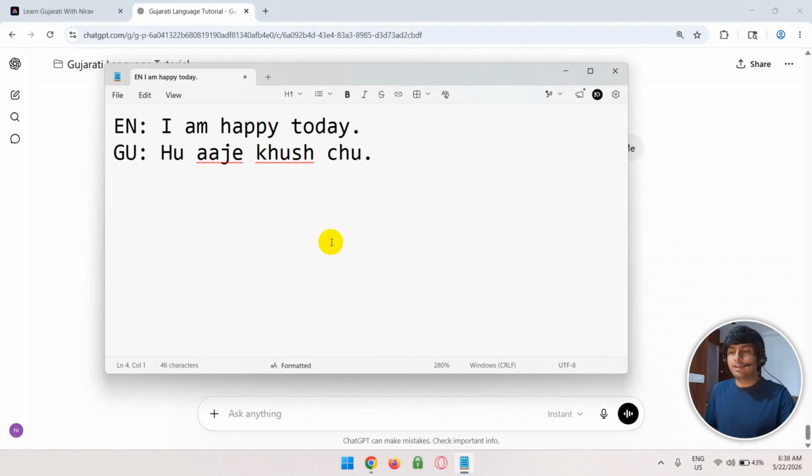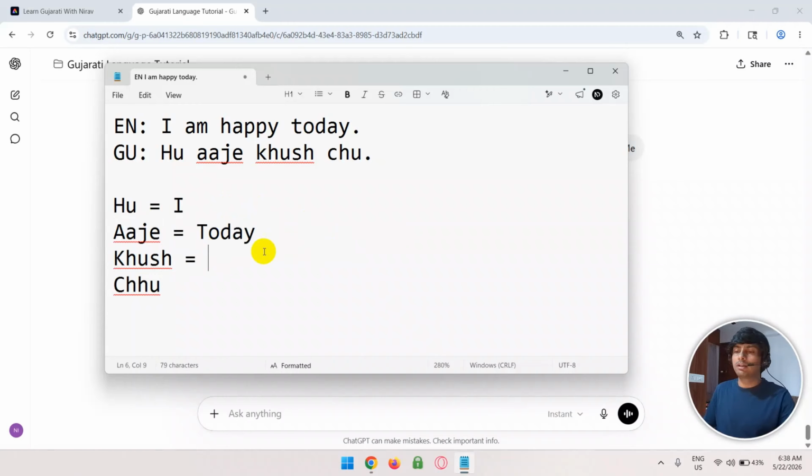In Gujarati we say હું આજે ખુશ છું. Okay, as we know, for I in Gujarati we say હું. Aje means today. Khush means happy.